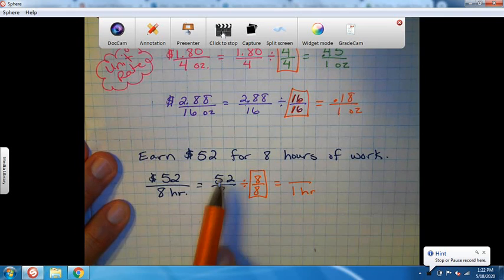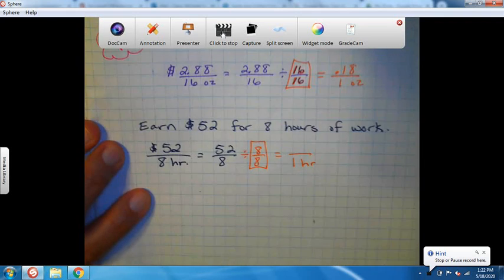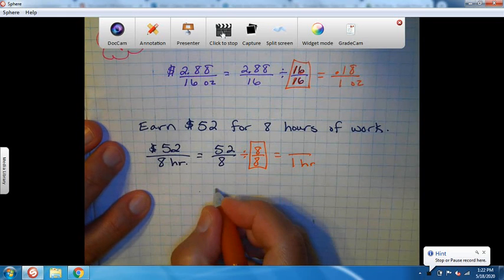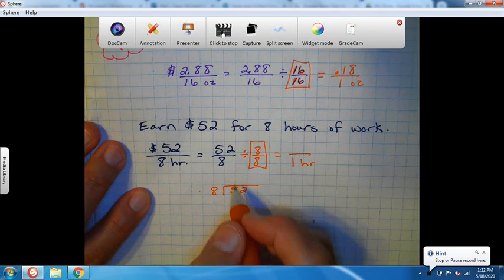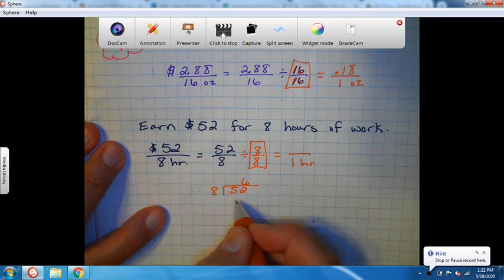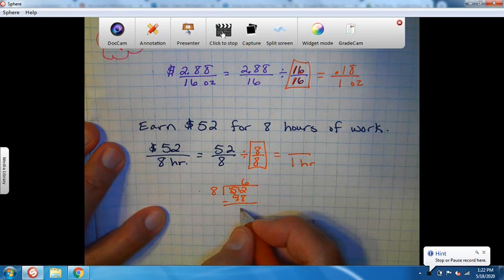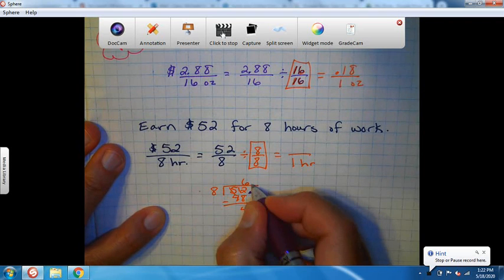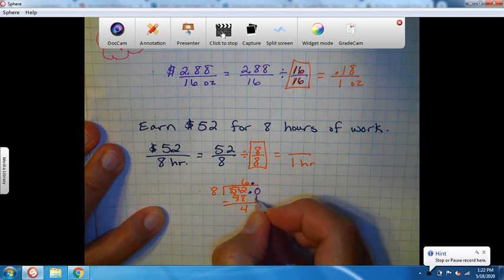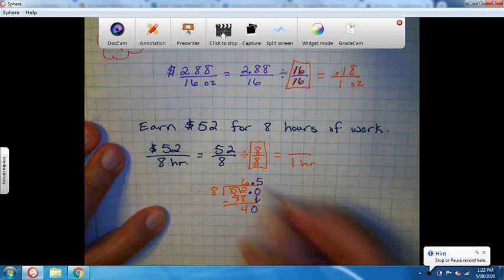If we're to divide 8 into 52, and this is where you got to show your work, don't forget, no work, no credit. So 8 into 52 goes 6 times. 6 times 8 is 48. Subtract. And what do we add? Remember, it's been a while, but decimal, decimal, 0, bring your 0 down, and 8 into 40 is 5.